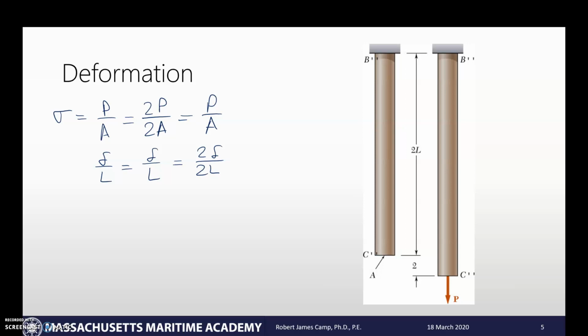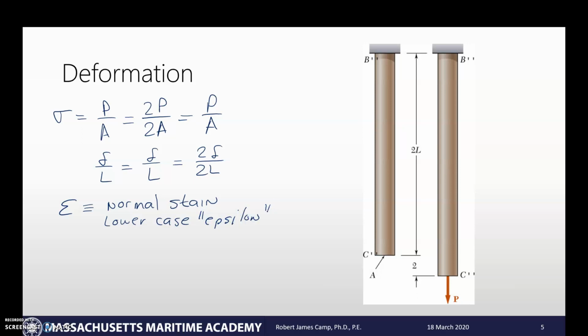So what we're going to do is define a new parameter, and that parameter is epsilon. We're going to call this normal strain. Just like normal stress, this is now our normal strain. It's the strain in the normal direction. And continuing our classical Greek education, that's a lowercase epsilon.